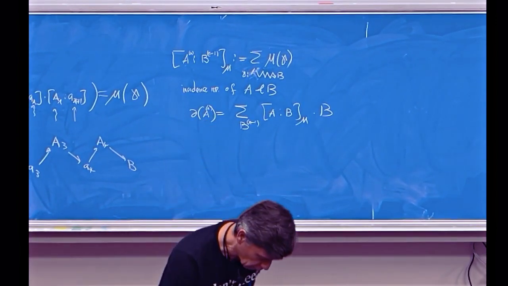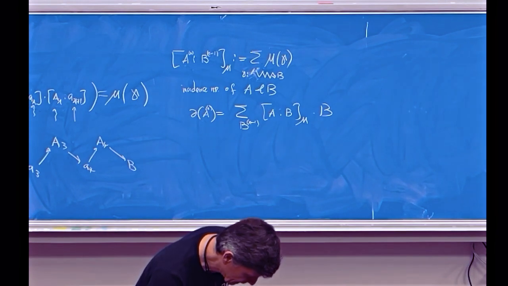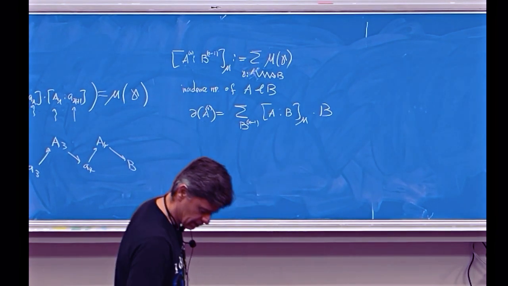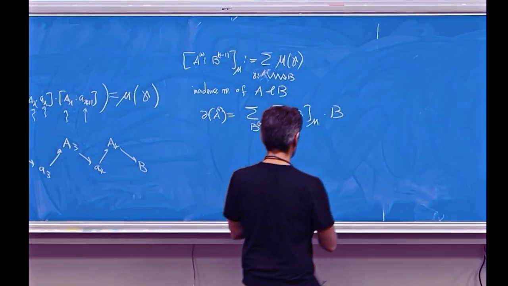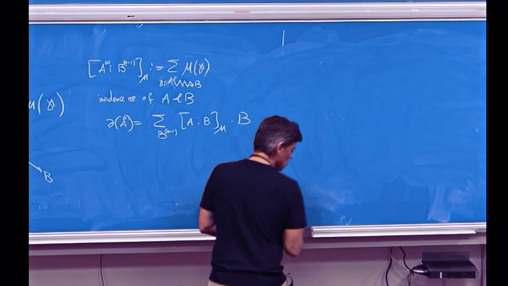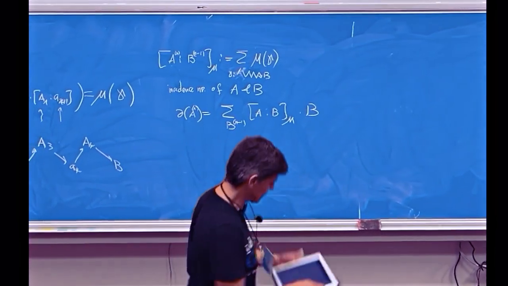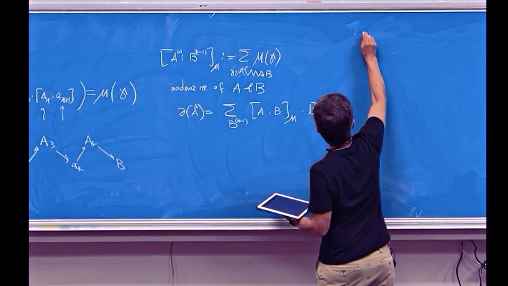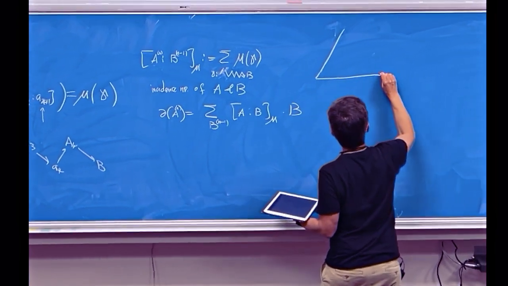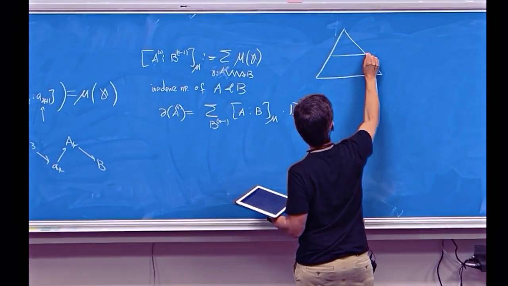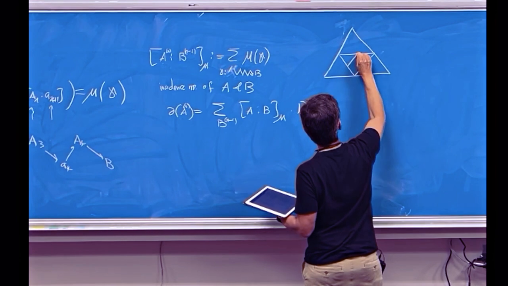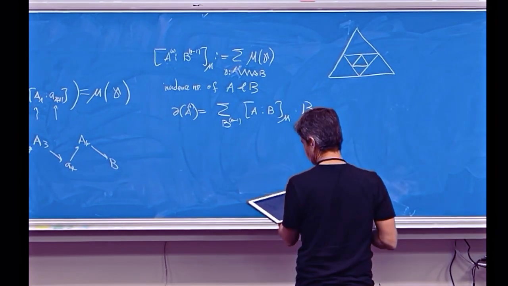And well, what I want to do is compute an explicit example. You see that this is indeed doable. So let me work with my favorite example again, of the projective plane like that.